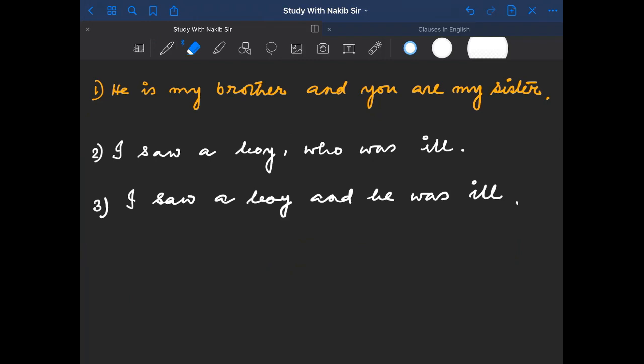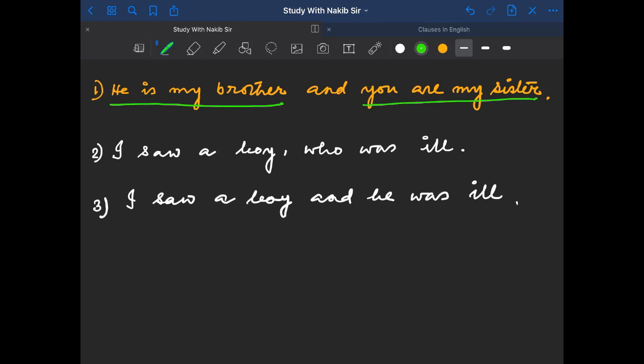Now see the following sentences. He is my brother and you are my sister. I saw a boy who was ill. And I saw a boy and he was ill. Look here, every sentence has 2 parts. The first sentence has: he is my brother, and you are my sister.